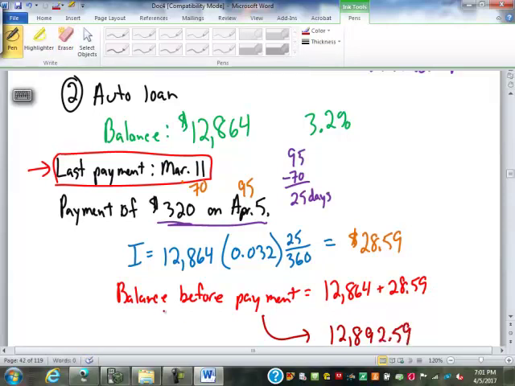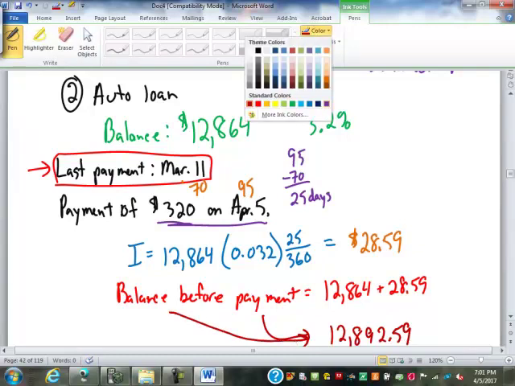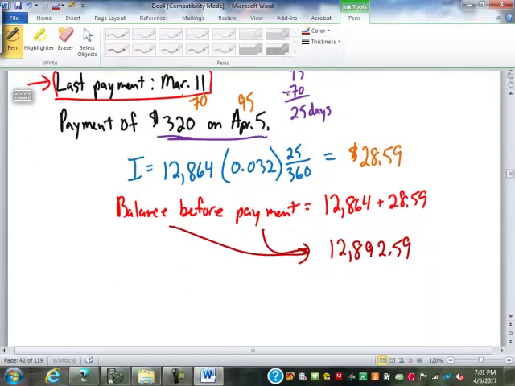So that's the balance before the payment. Then we can subtract the payment of $320.